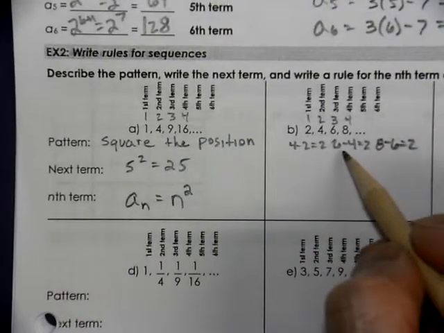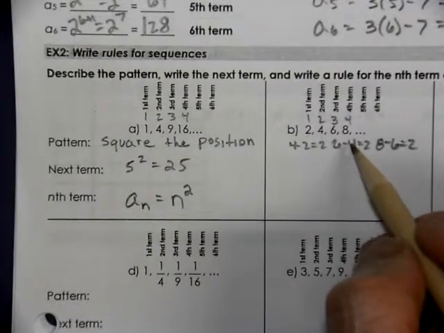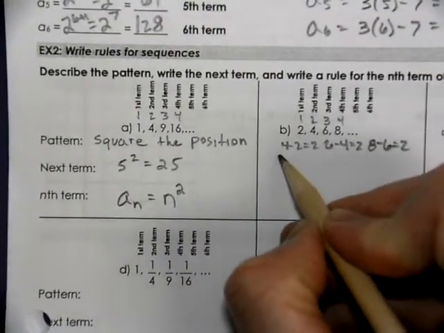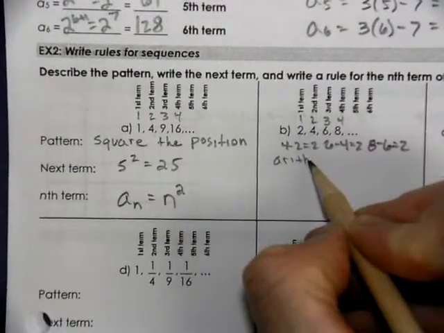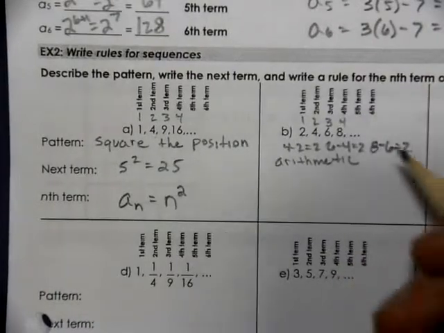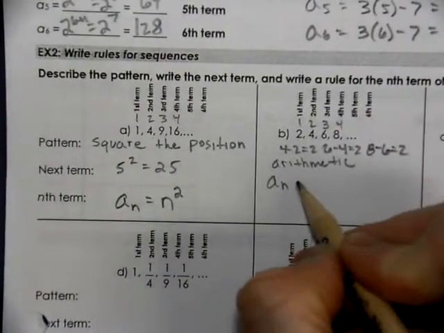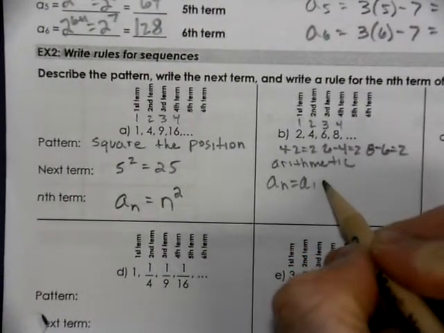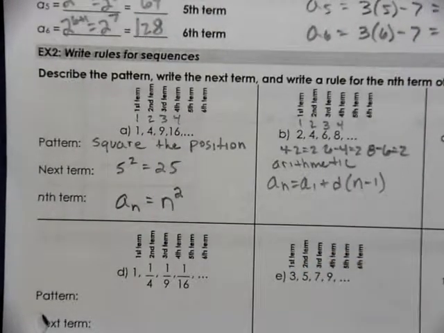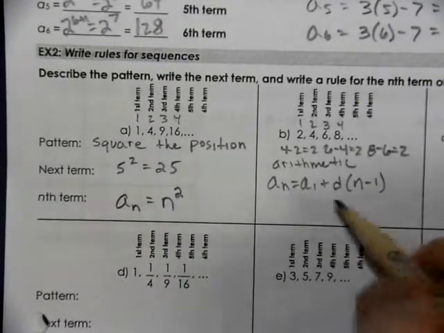This was a test that we had learned earlier about an arithmetic sequence. So we can use our rule of a of n equals a of 1 plus d times n minus 1. Some people like to use the concept of y equals mx plus b. That would work also.